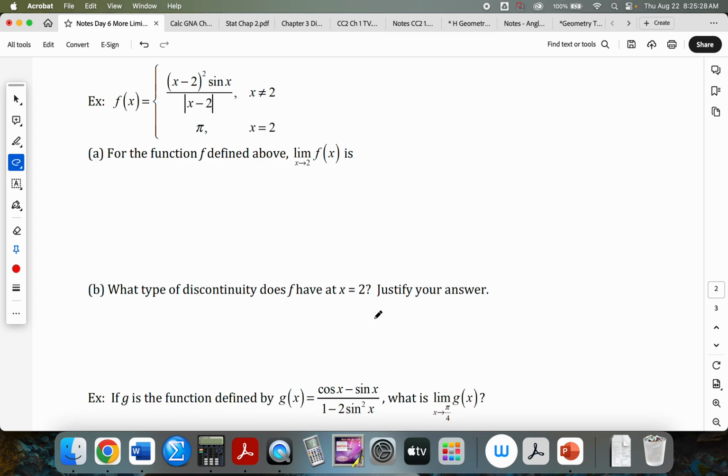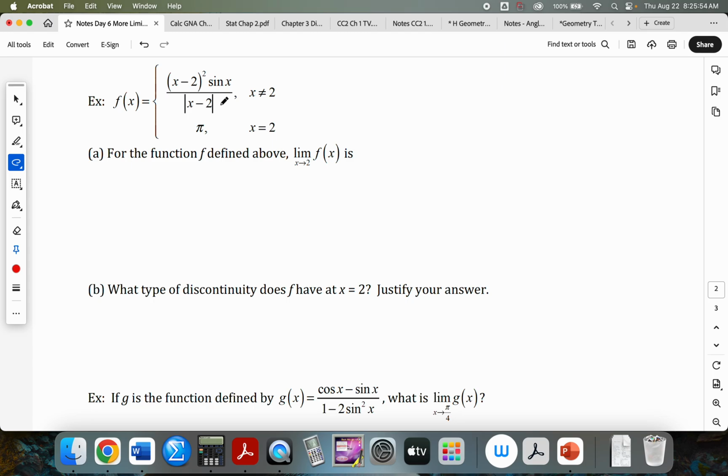We want the limit as x approaches 2 of f of x. Okay? So if we just try to substitute in 2, we get 0 times sine of 2, which is 0 over 0, not particularly helpful. And we can't cancel right now because this is an absolute value.